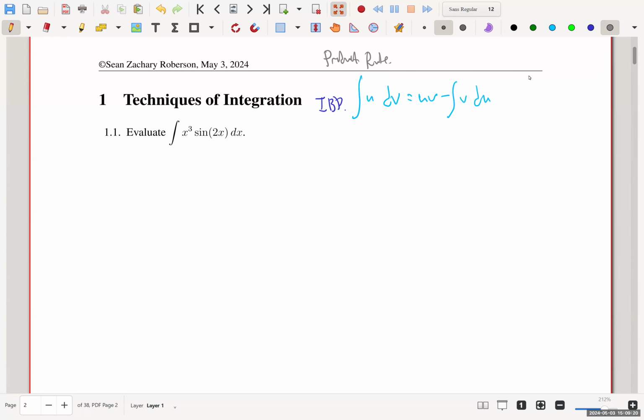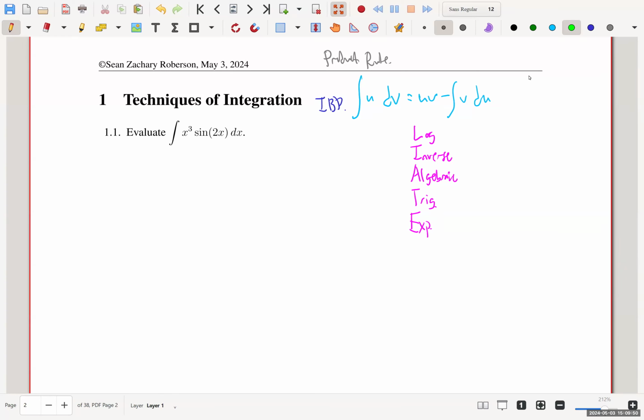Now, there is a heuristic that we use in selecting u and dv. Five letters, almost kind of sounds like a coffee drink. The heuristic is LIATE: logs, inverse functions, algebraic functions, trig functions, exponential functions.